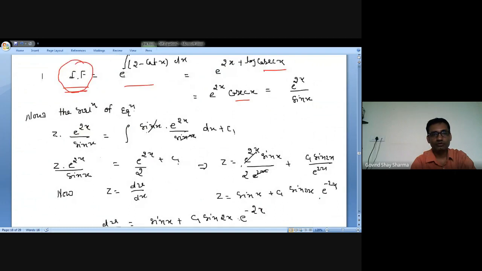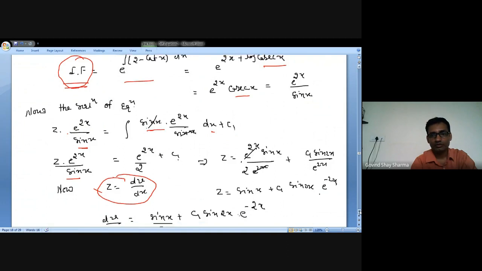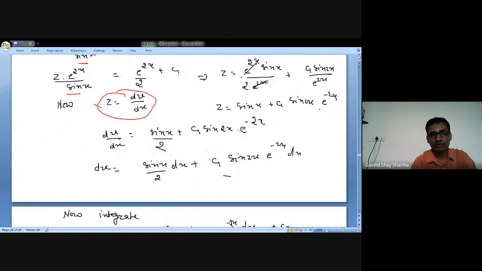Now the solution is z times e to the power 2x upon sin x equals the integral of the right side times IF dx plus c. Again put z is equal to dv upon dx in the solution. Now we get dv upon dx equal to sin x by 2 plus c1 sin 2x.